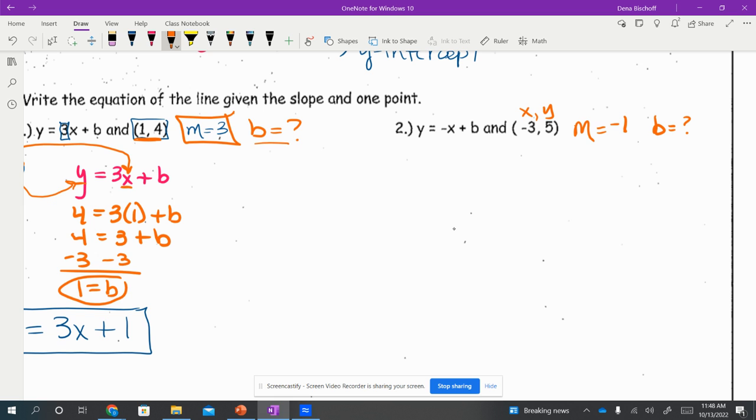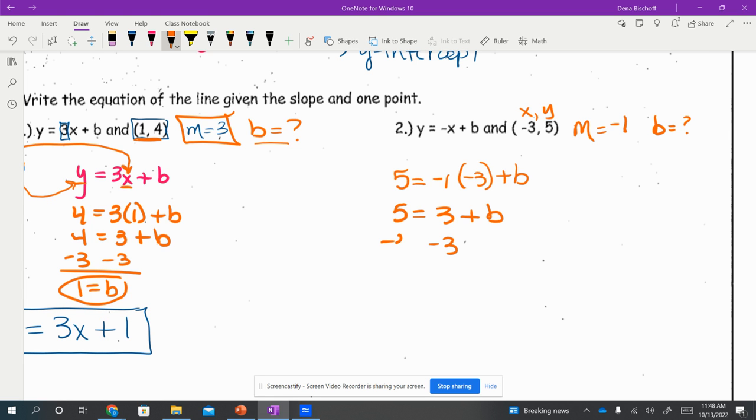So y is 5 equals -1, that's my slope, times x, which is -3, plus b. So -1 times -3 is? +3. Thank you so much, Brody. So 5 equals 3 plus b. Trying to get b all by itself?